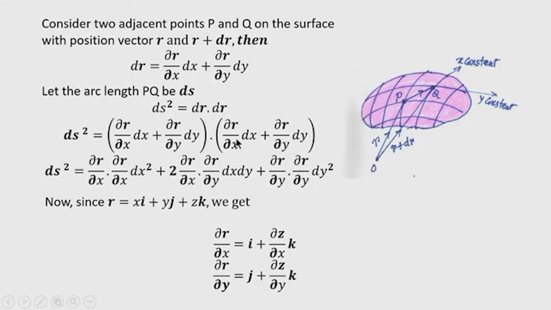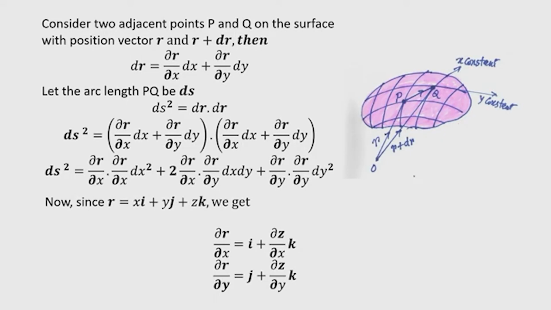But when you make a dot product of del r by del x with del r by del y, you get the term with dx dy. Similarly, again when you make a dot product of del r by del y with del r by del x, this term will come again, and you know that by the property of the dot product, that is the scalar product, a dot b equals b dot a.